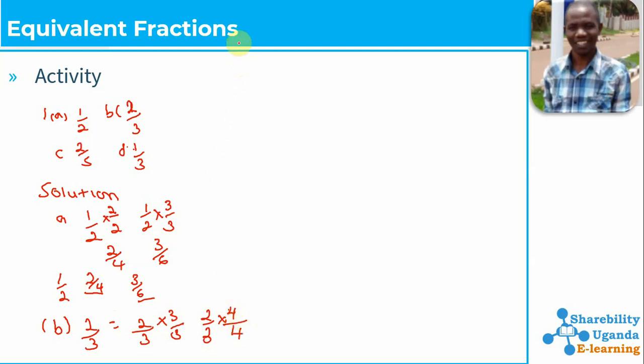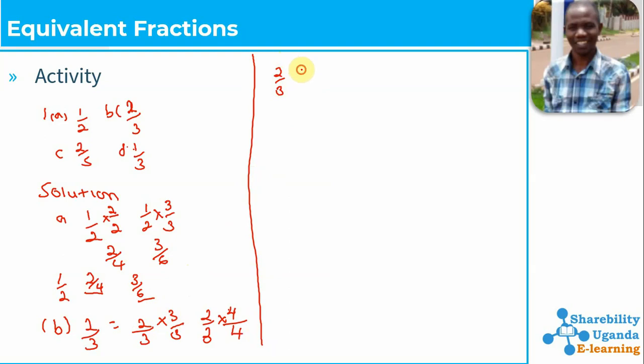So for us to be able now to come up with the two equivalent numbers of our number, which is 2 out of 3, this is going to be equal to, what is 2 times 3?